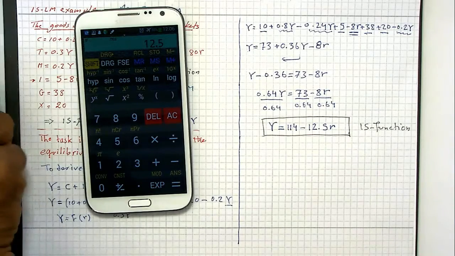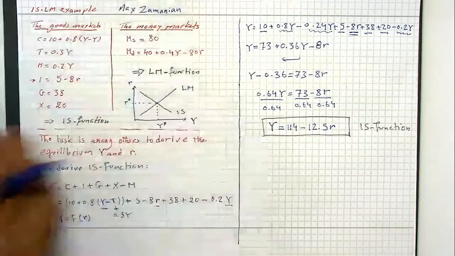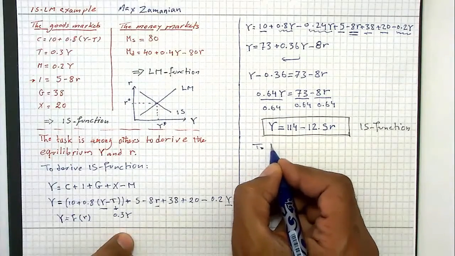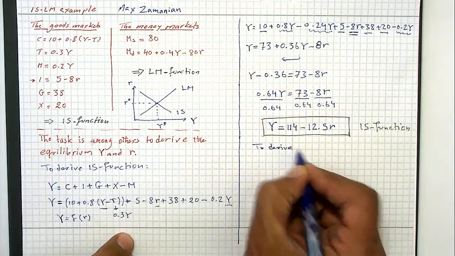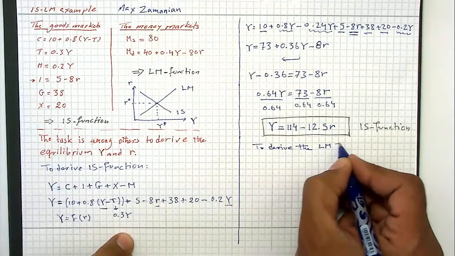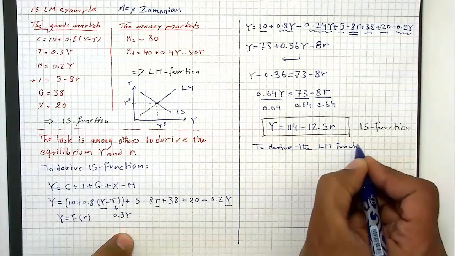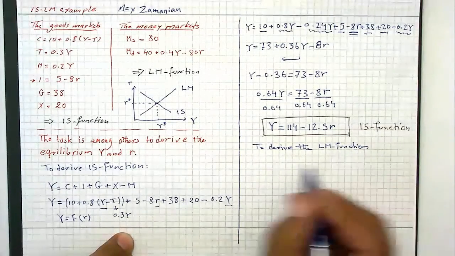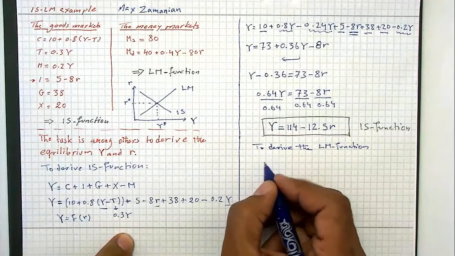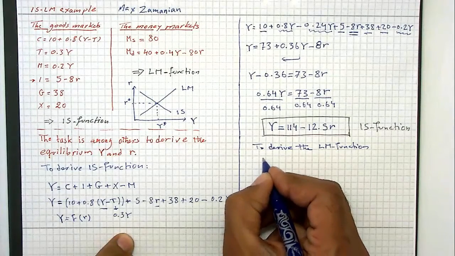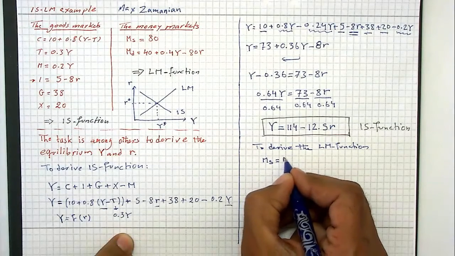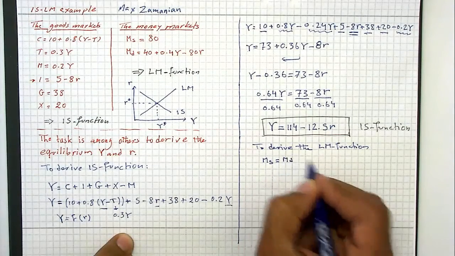All right. Next, we want to derive the LM function. We use the equilibrium condition for the money market, that is money supply equal to money demand.